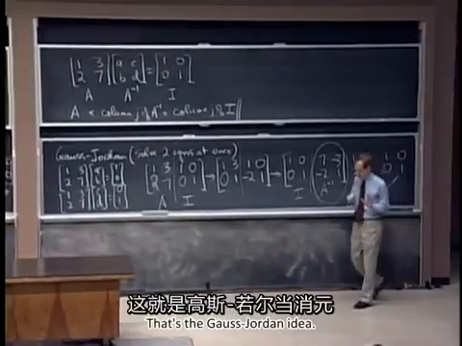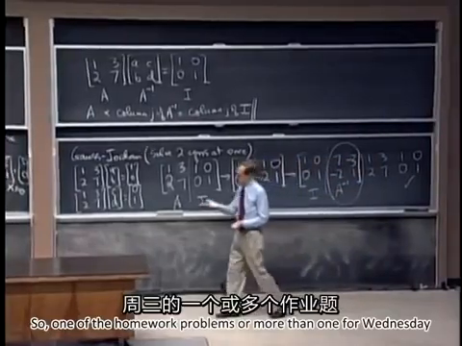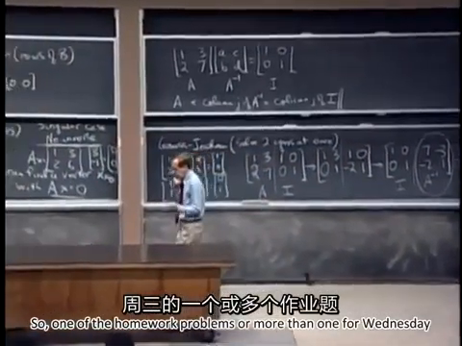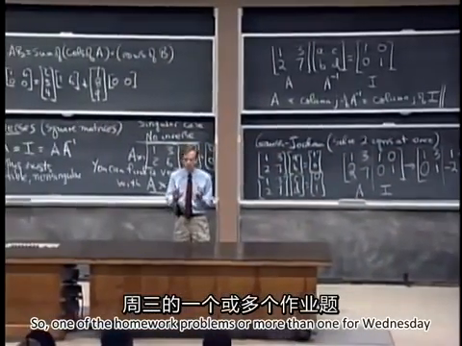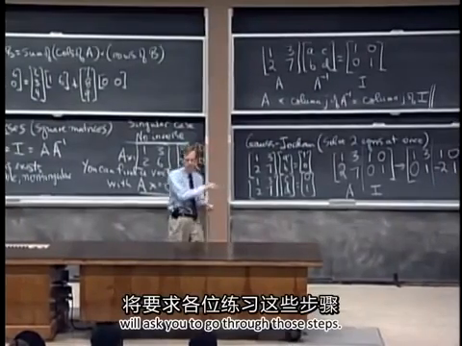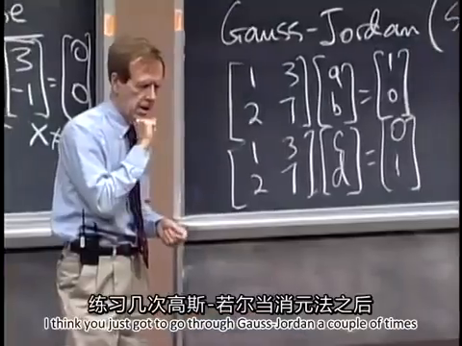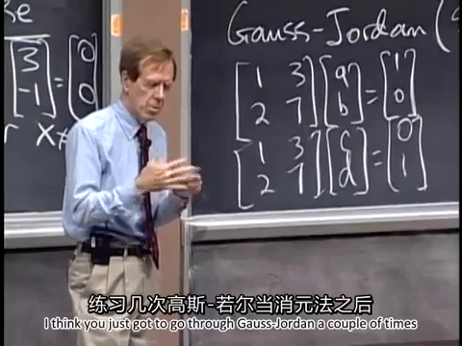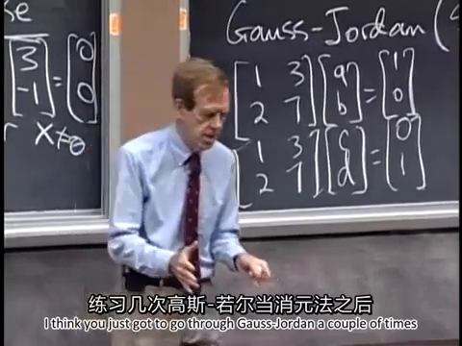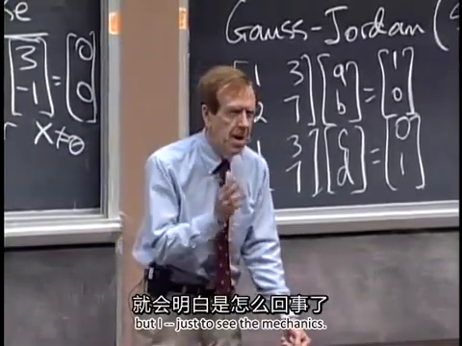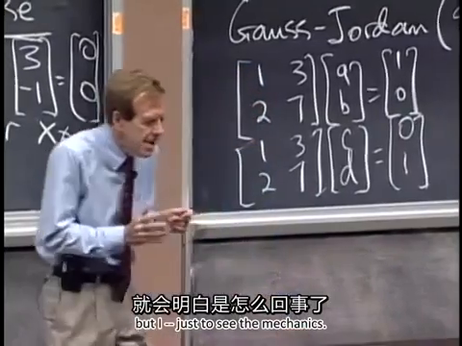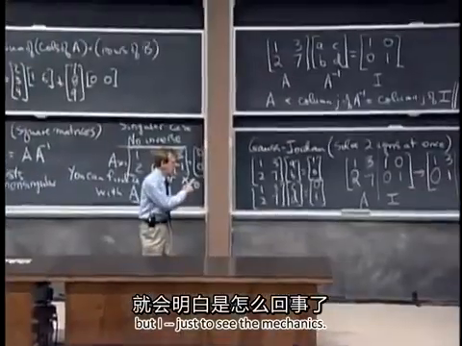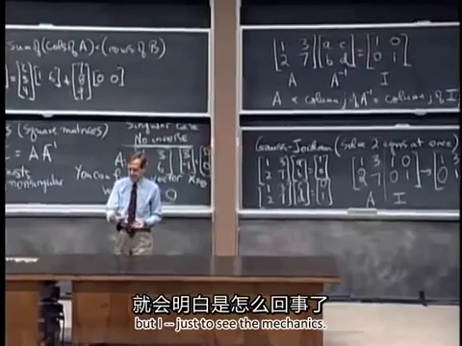That's the Gauss-Jordan idea. So one of the homework problems, or more than one, for Wednesday, will ask you to go through those steps. I think you just got to go through Gauss-Jordan a couple of times, just to see the mechanics.